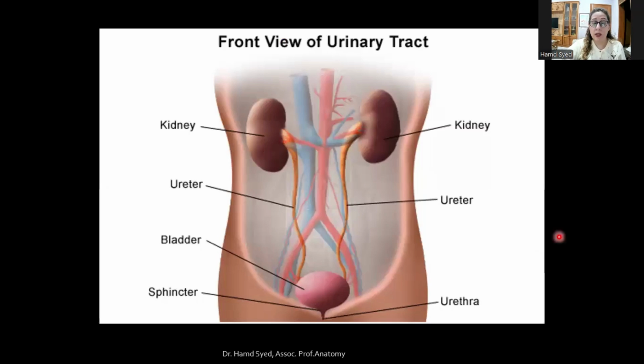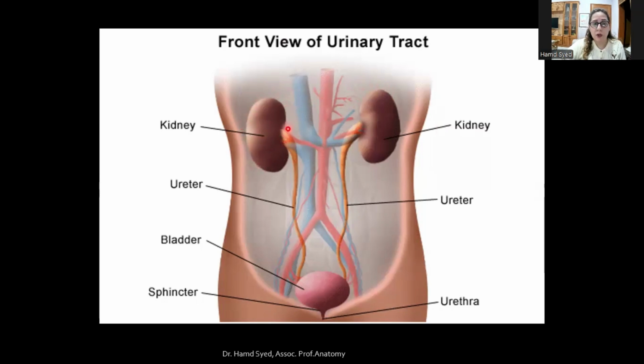So here is the front view of the urinary tract. This consists of these paired bean-shaped organs, the kidneys, and like I told you, the right kidney is positioned slightly lower in comparison to the left kidney. And here is the concave medial border of each kidney, and this is the convex outer or lateral border of the kidney.